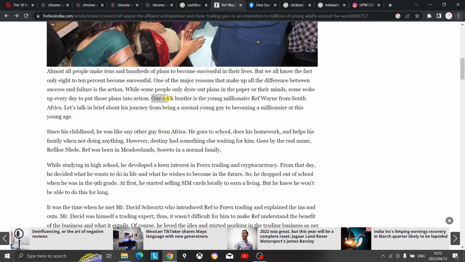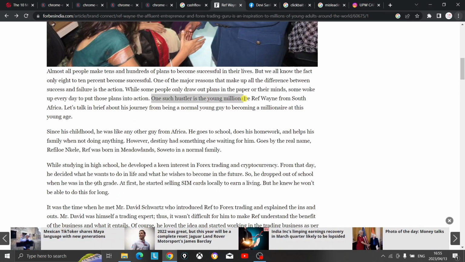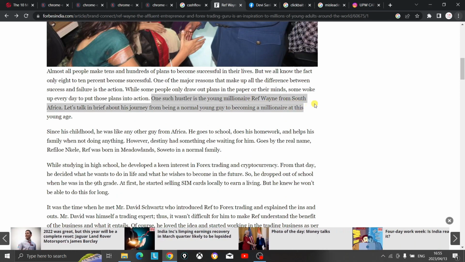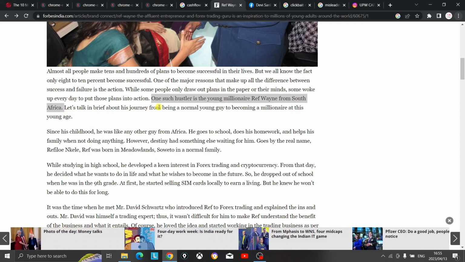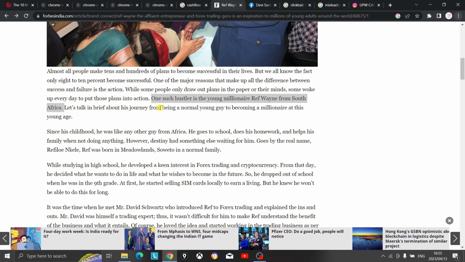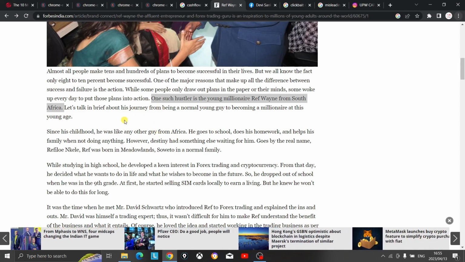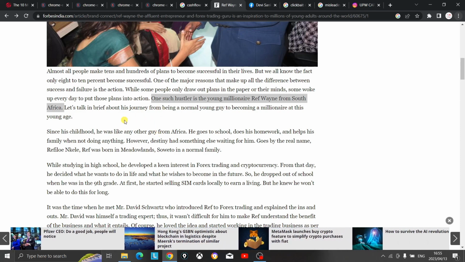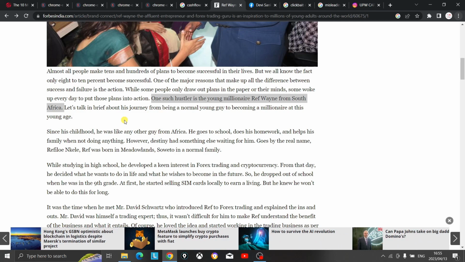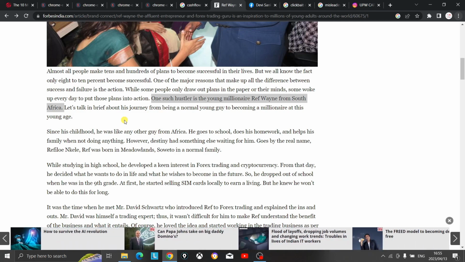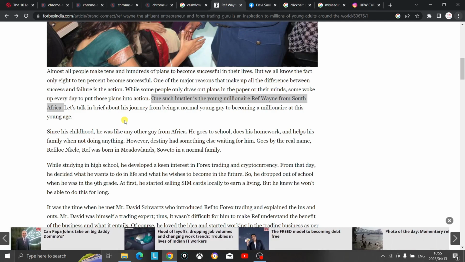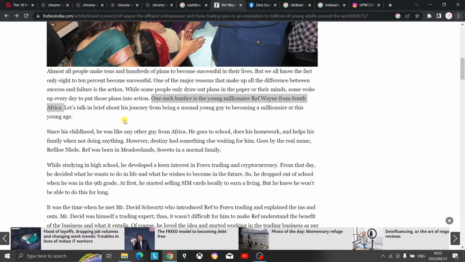Check this. One such hustler is the young millionaire Ref Wayne from South Africa. Okay, calling yourself a millionaire. Now, I am going to assume that Forbes India maybe has that information, like an audited financial statement, perhaps Forex broker statements, all that combined in one document.